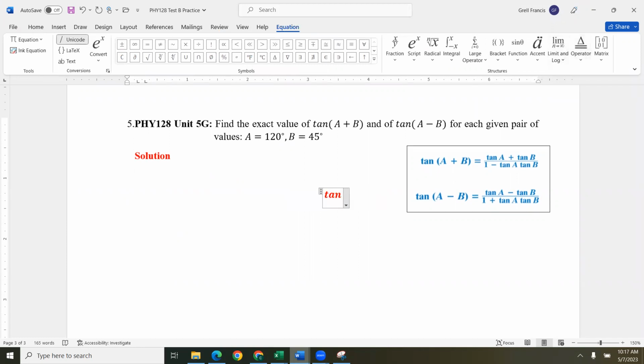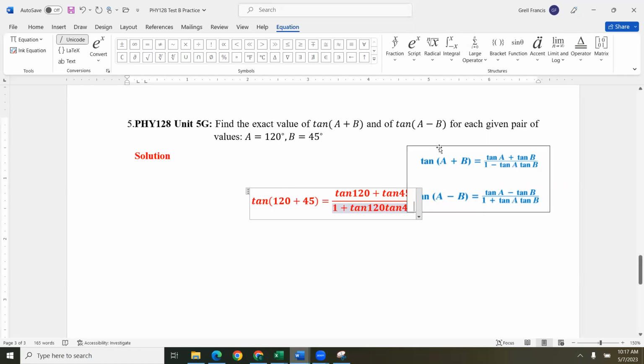tan of 120, because A is 120, plus 45 is equal to, so we have a fraction, that'll be tan of 120 plus tan of 45 divided by 1 plus tan of 120 times tan of 45.